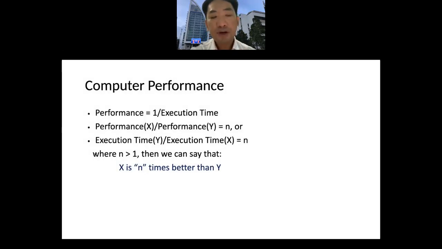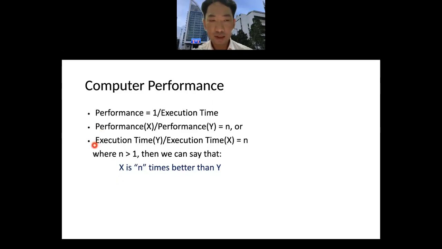And here is the very fundamental formula to calculate the performance of the computer. The performance is equal to 1 over the execution time. And we can compare the performance of machine X over the performance of machine Y. And we can say that X is n times better than Y if the performance of X divided by the performance of Y equals n.